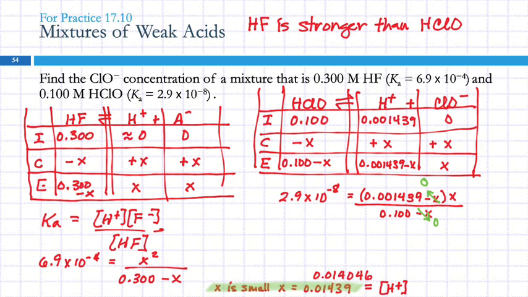And I'm going to express that in scientific notation. x is equal to 2.015 times 10 to the minus 6.